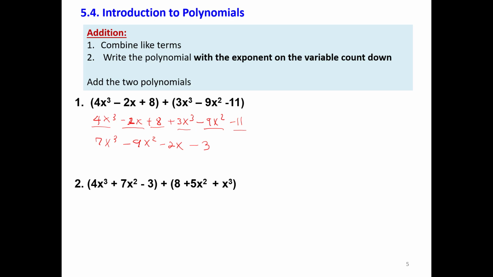Now let's combine the second. Let's add these two polynomials. We want to add these two polynomials, then we will do exactly the same. And we really don't need this parenthesis.